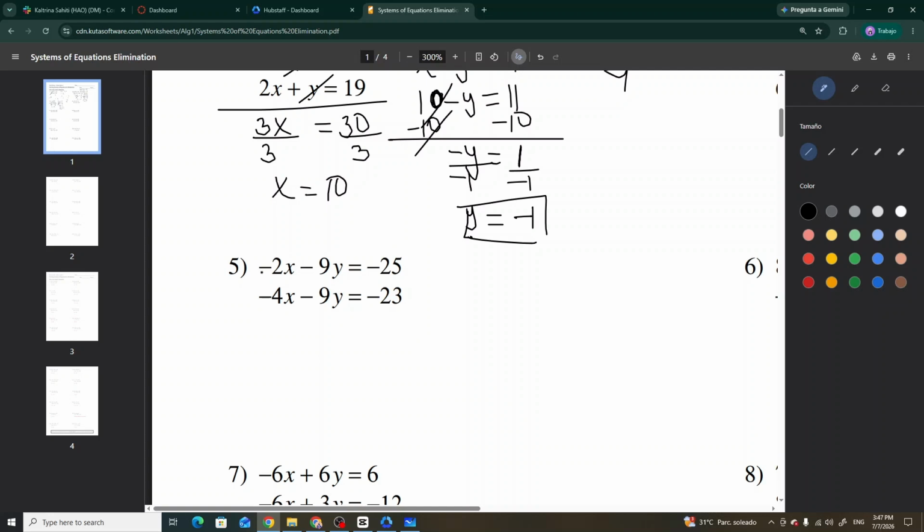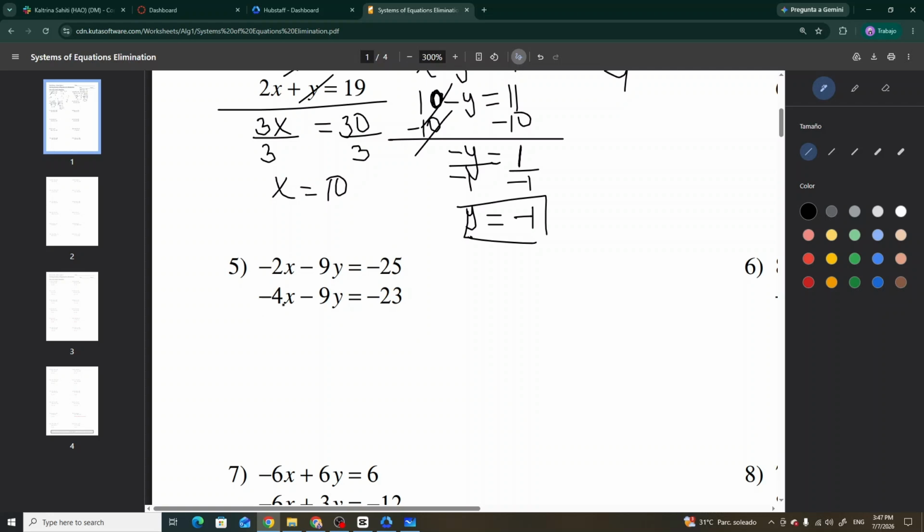For example, this one, number 5. The first equation is negative x minus 9y equals negative 25. And the second is negative 4x minus 9y equals negative 23. I'm not allowed to cancel out any of the variables, because negative 9 and negative 9 gives me negative 18, and negative 2 and negative 4 gives me negative 6.